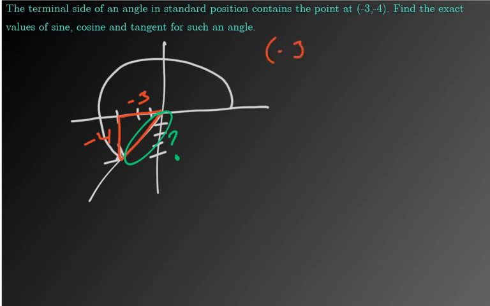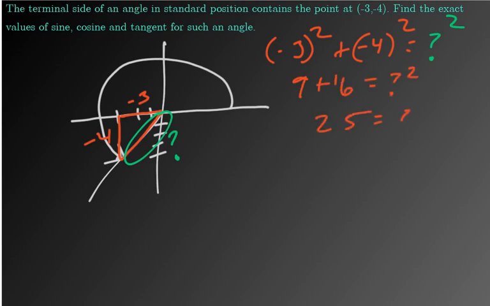So -3 squared plus -4 squared equals question mark squared. So 9 plus 16 equals question mark squared. That's 25, so my hypotenuse is going to be 5. And from that point, I can do sine, cosine, tangent.